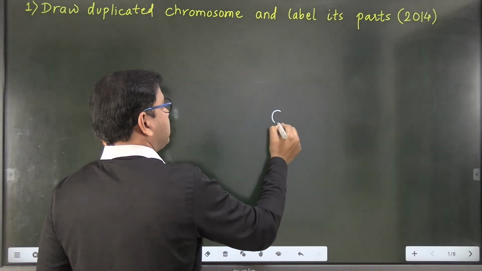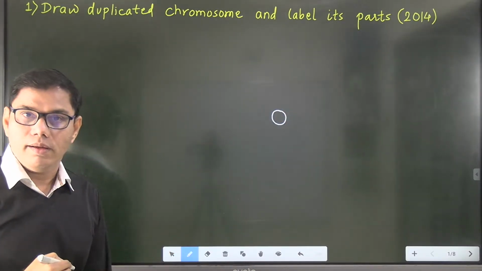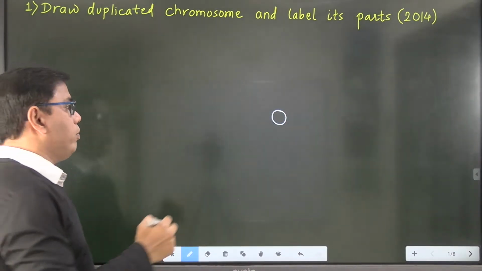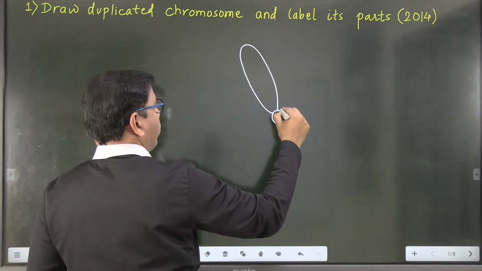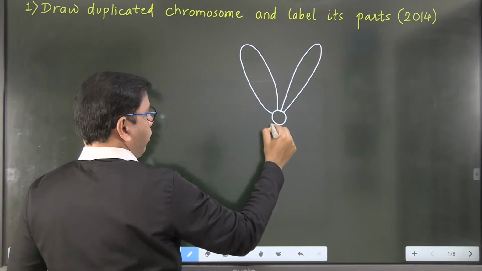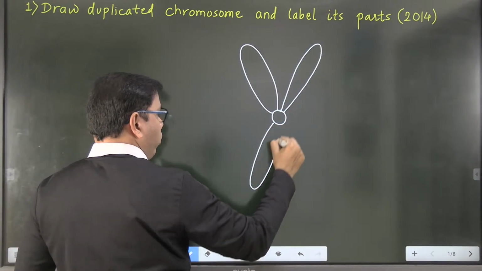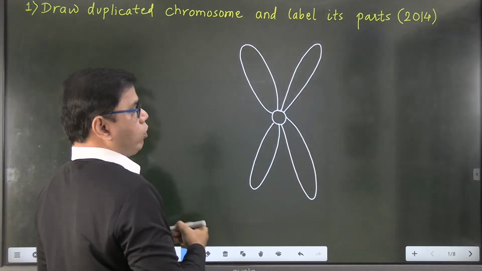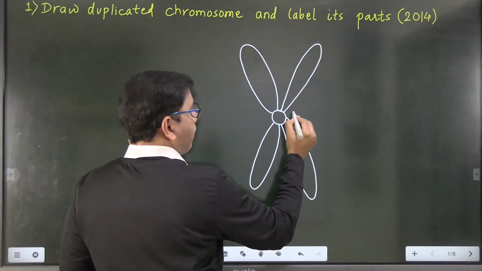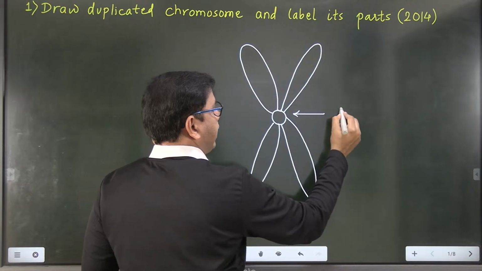So here we have a centromere, right? A circle for the centromere, and this is the first sister chromatid, and this one is the second one. We want a duplicated chromosome, so we have to draw two sister chromatids. And labeling it, this is called a centromere.